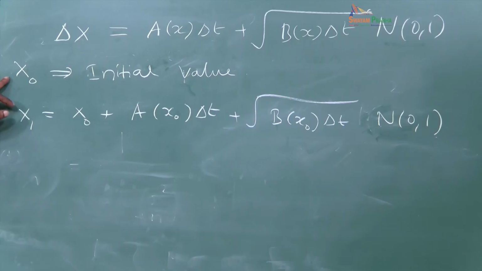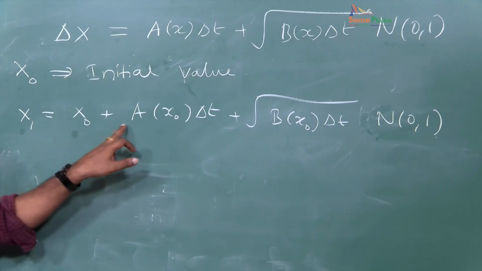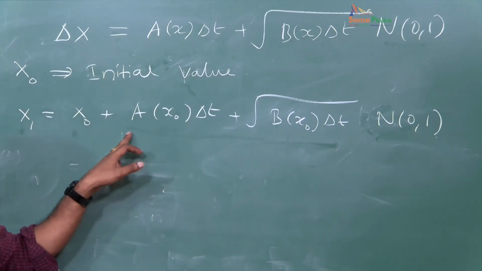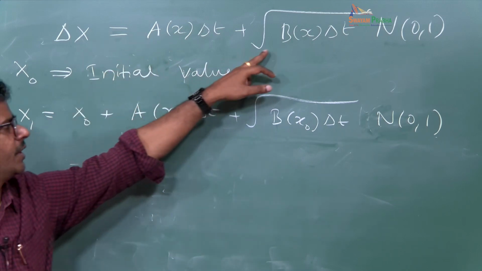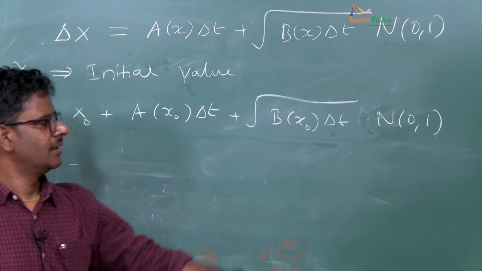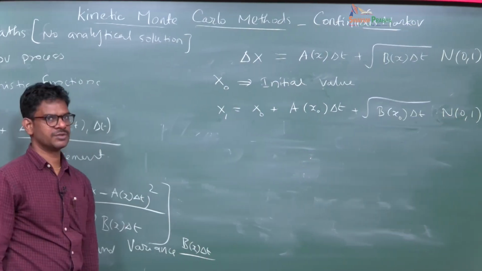So, with the initial value you will get the next time point value from the initial value plus the displacement operator, which is a times delta t plus square root of b times delta t, and this is going to be a normal random variate which we have to create from this Box-Muller method.